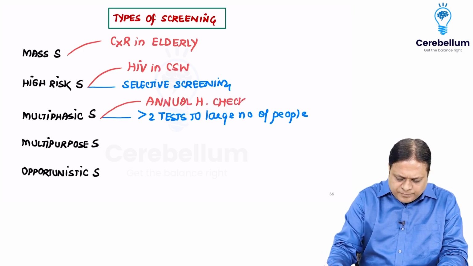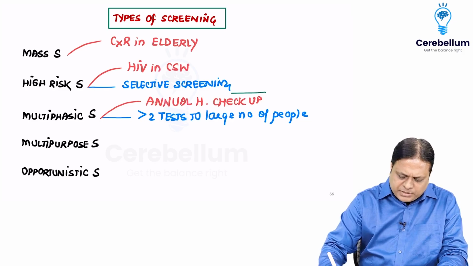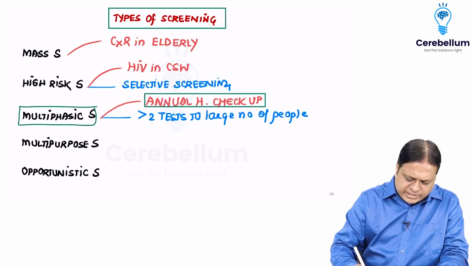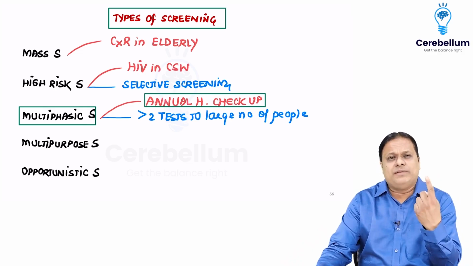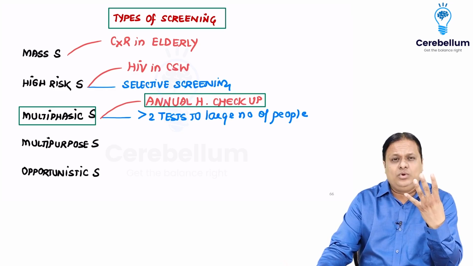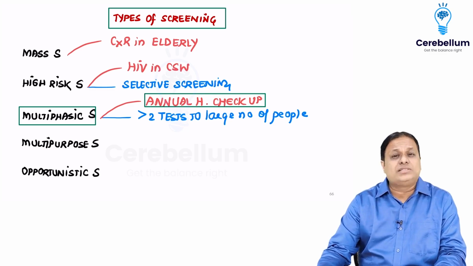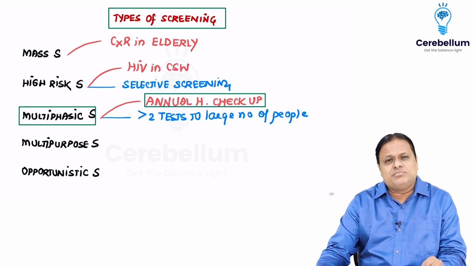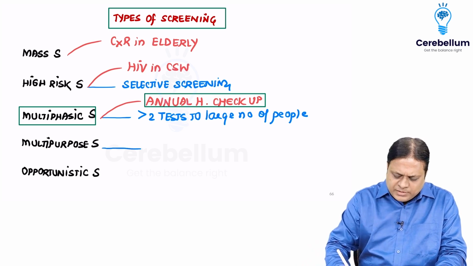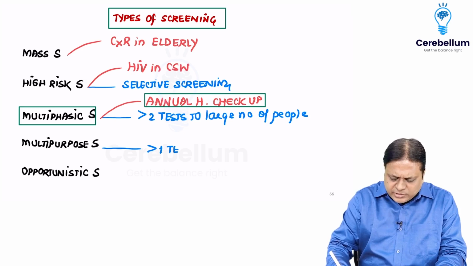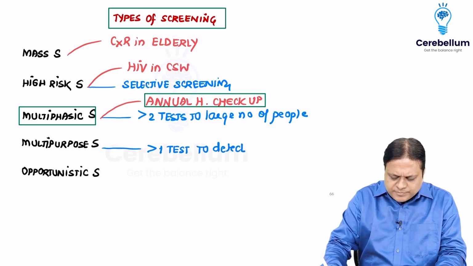So what we say, after the age of 45 years, people should undergo multiphasic screening. So we use hemogram, LFT, KFT, urine analysis, chest X-ray and ECG minimum as a part of these routine checkups. What is multi-purpose then? Multi-purpose screening is where more than one test is applied to detect more than one disease.